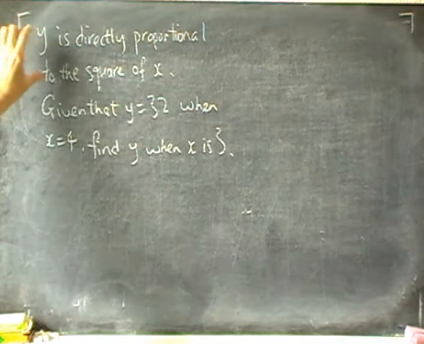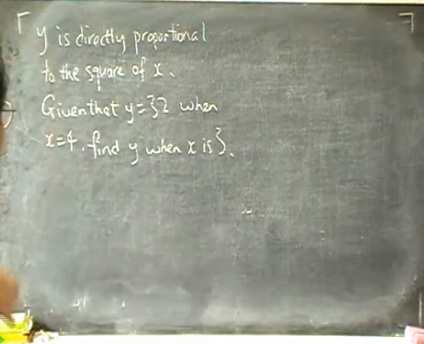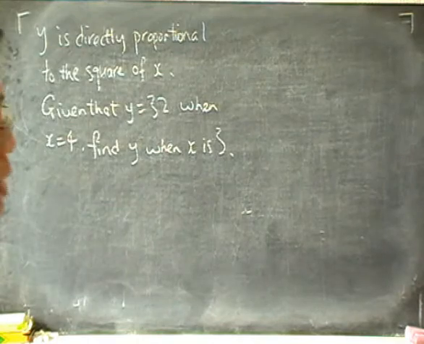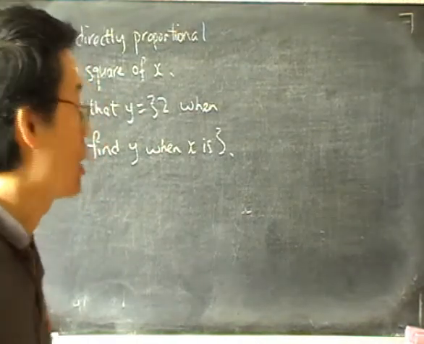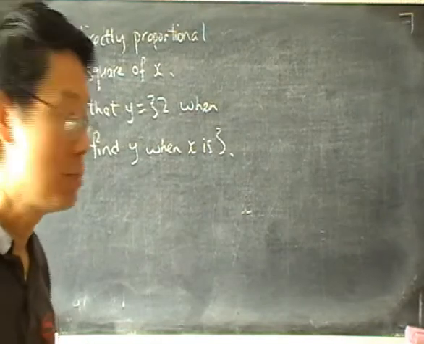We start by looking at the first line. Y is directly proportional to the square of x. We need to think about what that means.